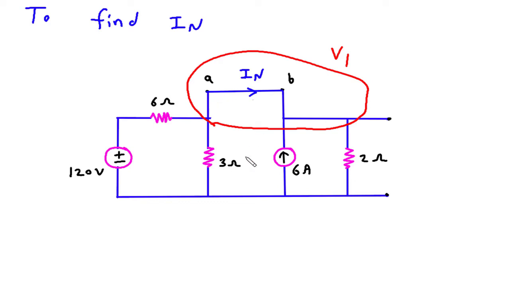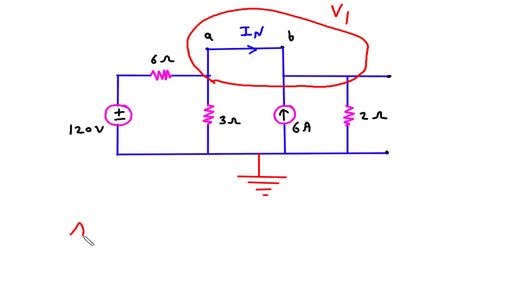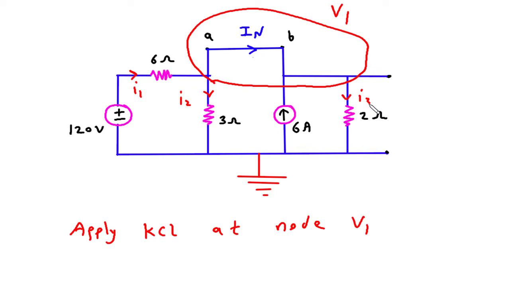Let's assume this is the reference node. We will use nodal analysis to find the value of In. So apply KCL at node V1. Let's say this is current I1, this is current I2, and this is current I3.